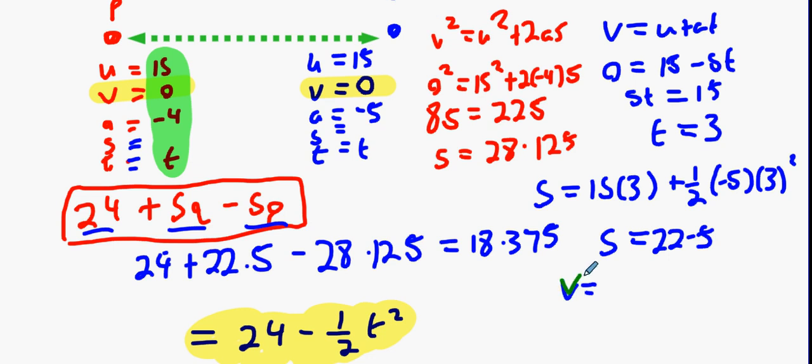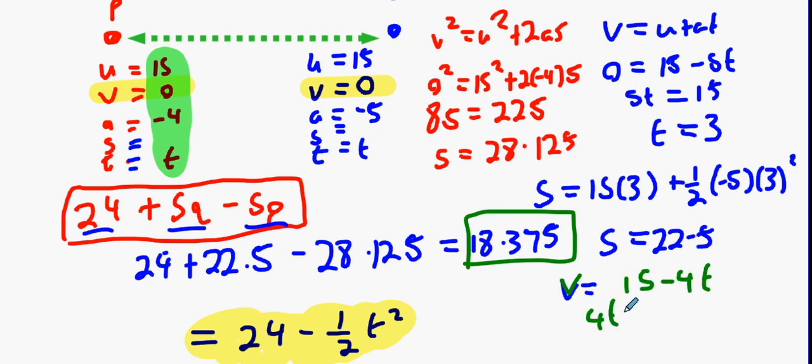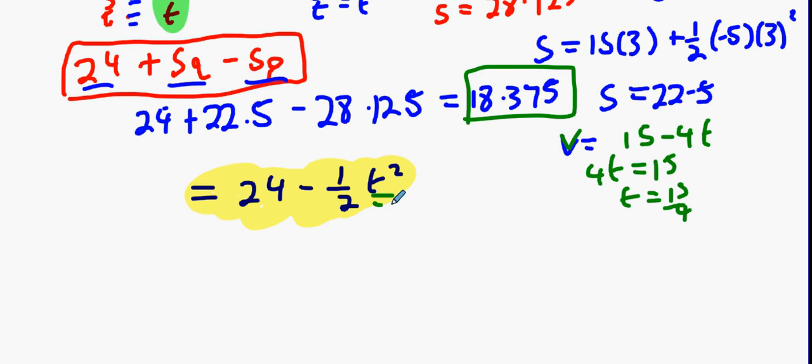Now we have the question done, by the way. Full marks. No doubt about it. I'm just interested in something else here. So 0 equals 15 minus 4t, 4t equals 15 and t equals 15 divided by 4. What happens if I put the 15 over 4 into the original equation here? Will it come out as 18.375?